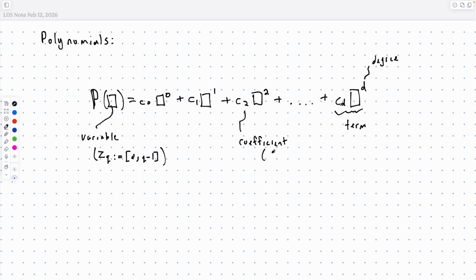And same with the coefficients. So everything will be integers, no decimals. Nothing will ever get bigger than q. The way that we'll enforce things staying in Zq is we'll mod it by q at the end. And you can do that at any time. So if you have some coefficients that are getting a little big, you can mod q, or you can wait till the end. It doesn't matter. When you apply the modulus, it always works.